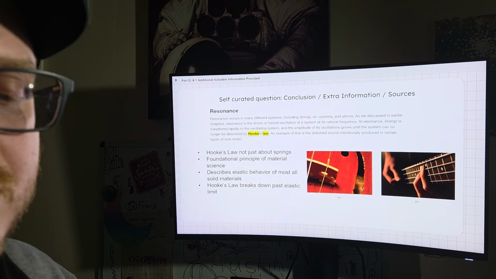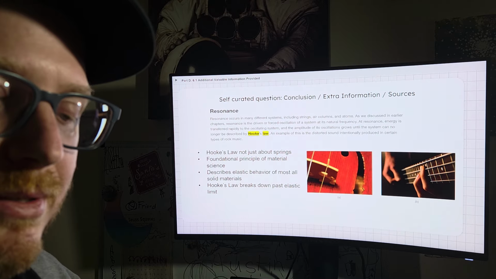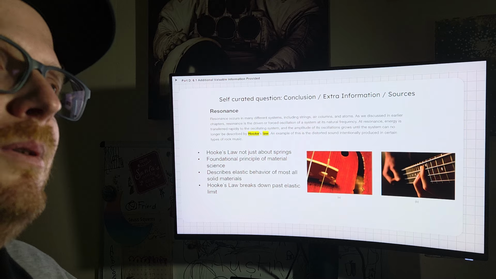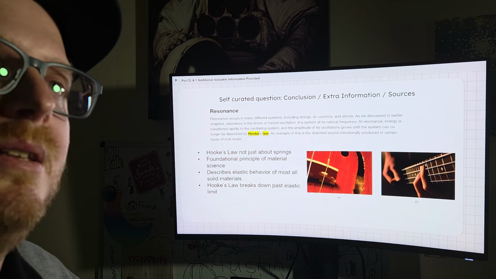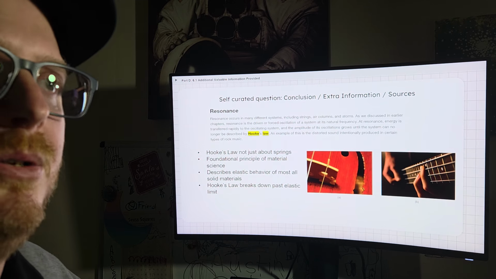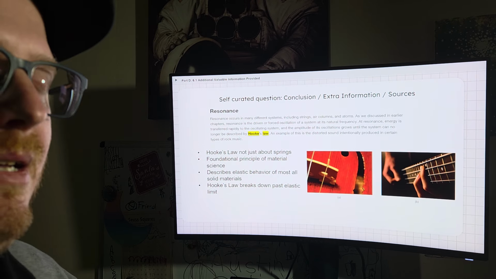Hooke's law, like I said before, is foundational in material science because you need to understand the strength of a material by its stress and strain, and its compression.